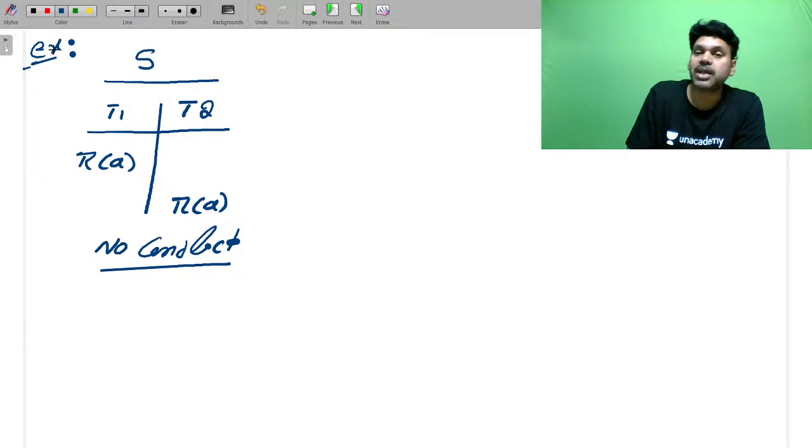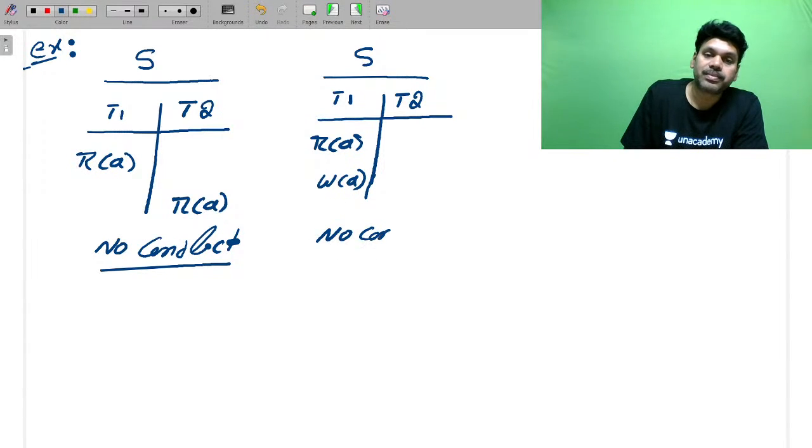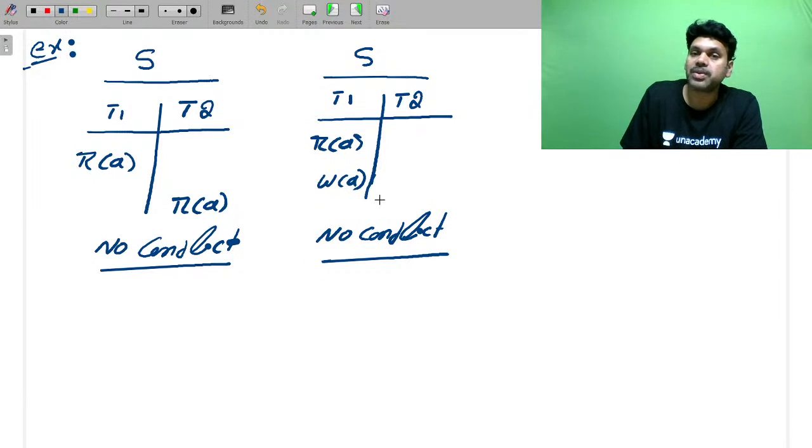RR is not at all a conflict, even though they are accessing the same object. When I say T1 and T2, R of A and W of A, so it is also no conflict. Why is it no conflict? Because they are accessing by the same transaction. It should be another transaction.